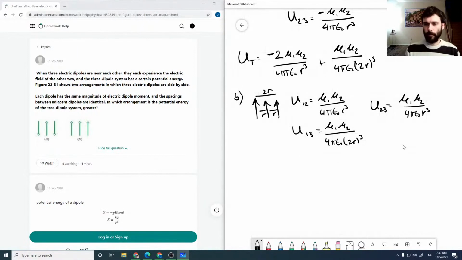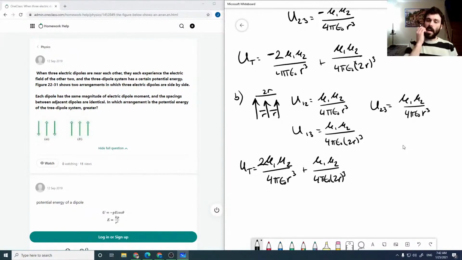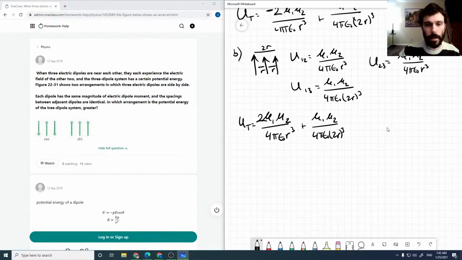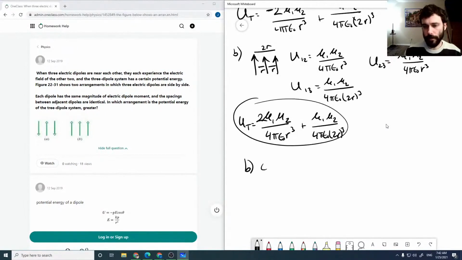And so our total would be completely positive, and in fact pretty much the same, except positive instead of negative for the first term. And so as this one's completely positive and A has a negative term, I would have to say that B is the greater energy. So the B configuration is greater than the A configuration.